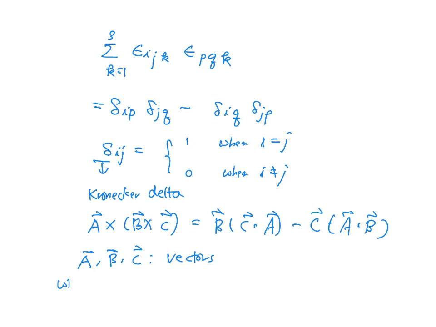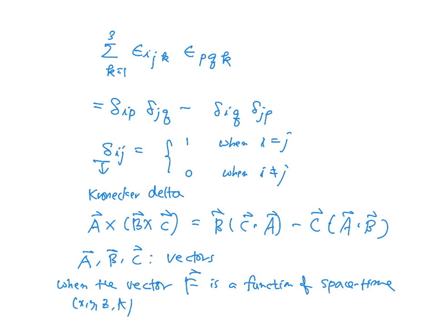So when the vector, say f, is a function of space-time, that means x, y, z, t, or sometimes just space, x, y, z, we call f a vector field.